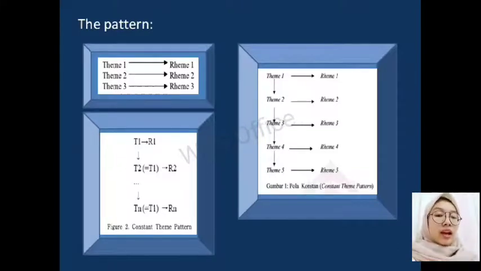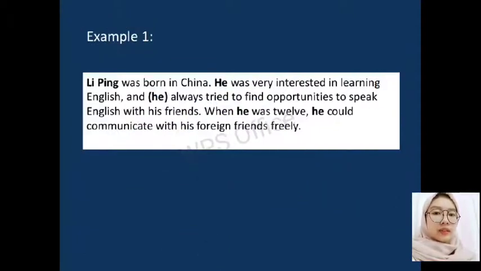I will explain it with an example. So the first example, Li Ping was born in China. He was very interested in learning English, and he always tried to find opportunities to speak English with his friends. When he was 12, he could communicate with his foreign friends freely.